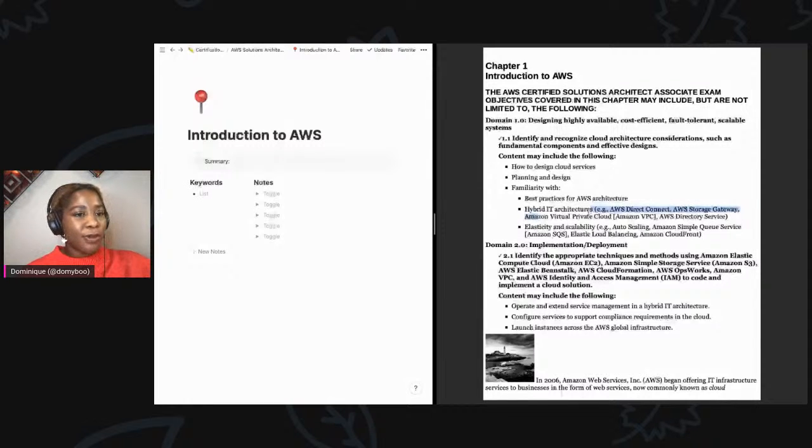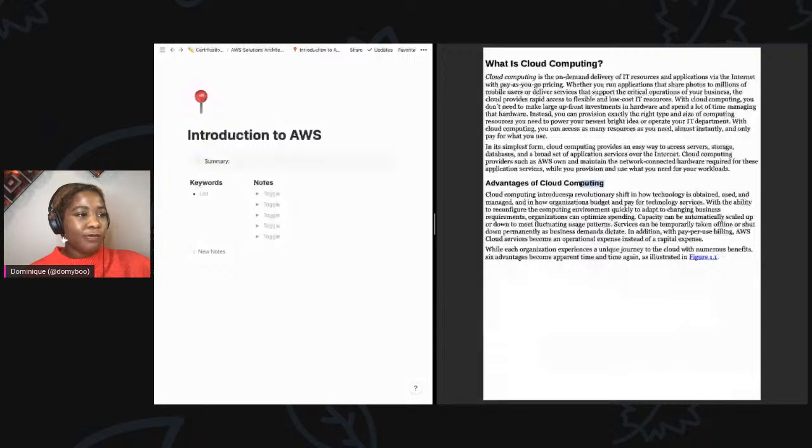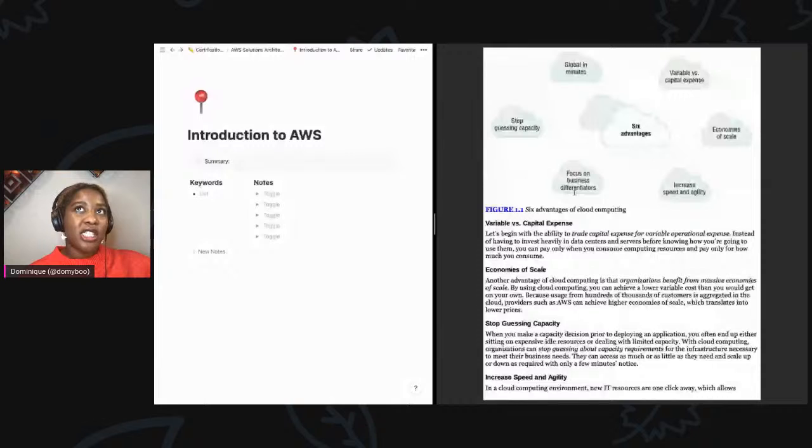Chapter 1 is pretty basic, so that's why I already know it's something I can go through, because this information isn't just specific to AWS, it's specific to all cloud computing. And if you're doing the solutions architect exam, I would think there would be some level of understanding for cloud computing in there.